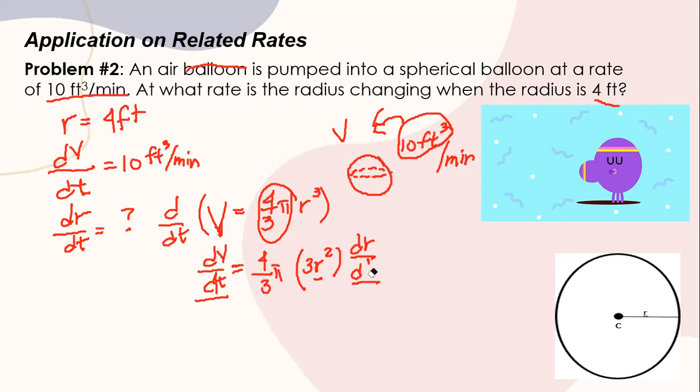So, let's try to substitute our given to the derivative. Okay, so dv over dt, that is 10 cubic feet per minute, is equal to 4/3 pi multiplied to 3 times.